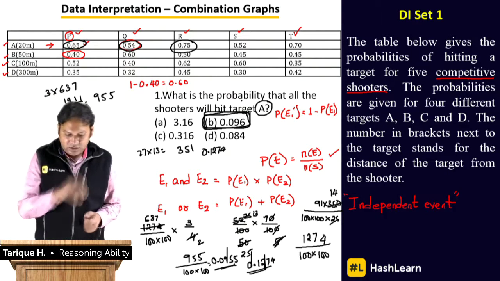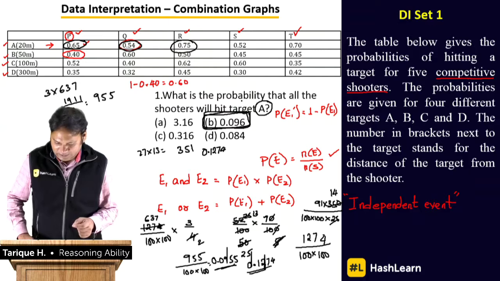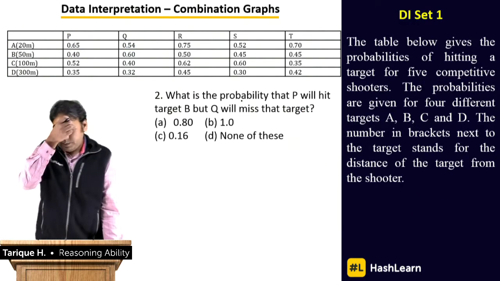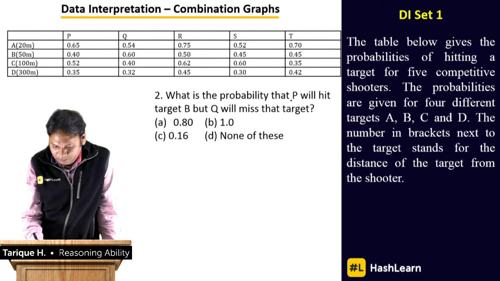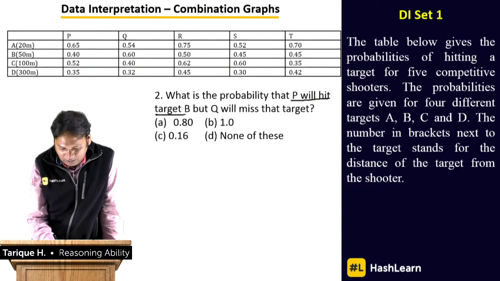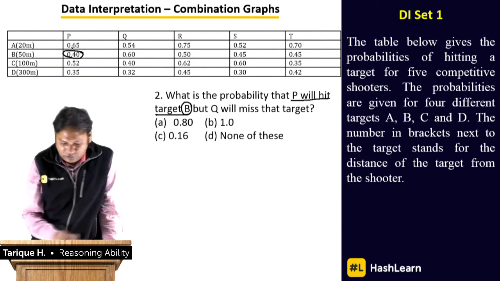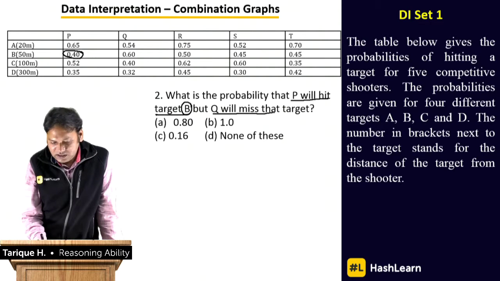Okay. So this is the first question. Let's look at the second question here and see what is there in the second question. What is the probability that P will hit the target B, but Q will miss target B? P will hit target B, this is the value 0.40. But Q will miss that target.